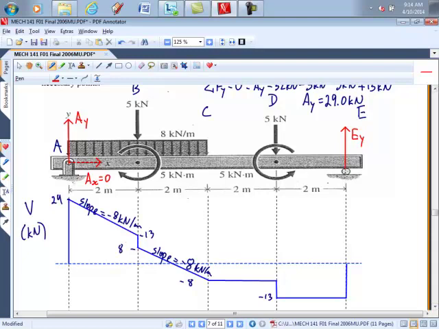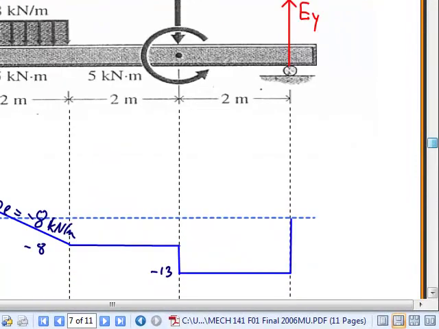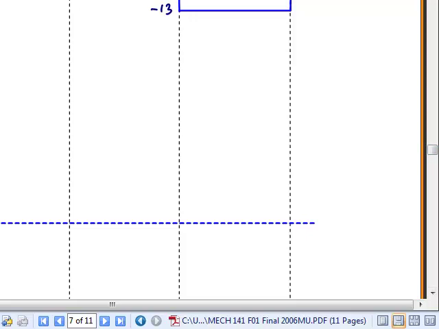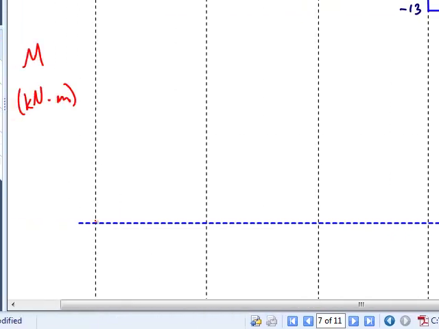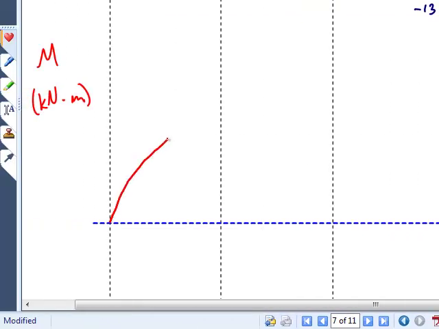It starts at 0 because there's no couple moment at A. So the area here starts at 0, and it's going to be increasing the whole time, but it's increasing at a decreasing rate. Or its slope is decreasing. So that would be something that looks maybe like that. Okay?